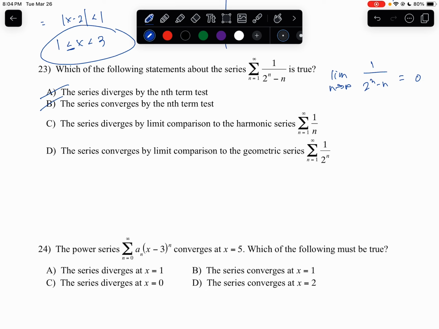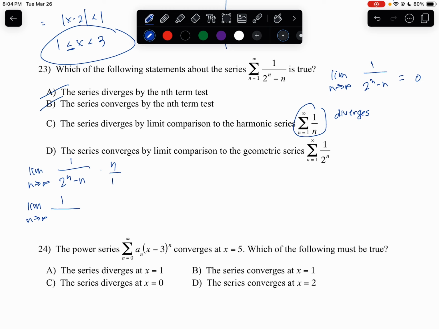Let's see. So this series diverges, right? This diverges. Okay, so let's run the limit comparison test. The limit as n approaches infinity of 1 over 2^n minus n times n over 1. Through L'Hopital's rule, because this would be infinity over infinity, if we take the derivative of the top, that's going to be 1.